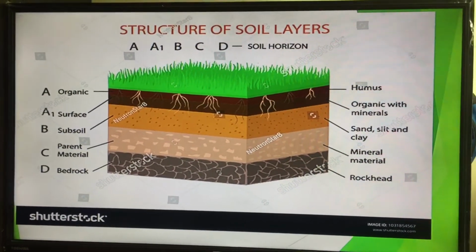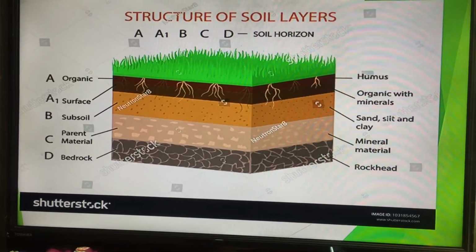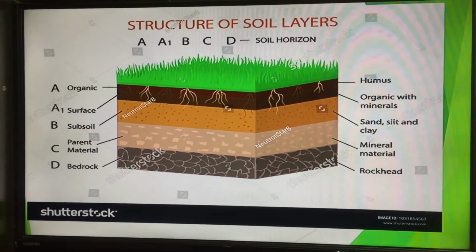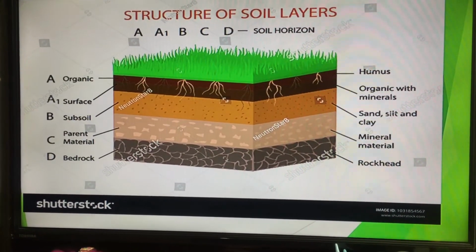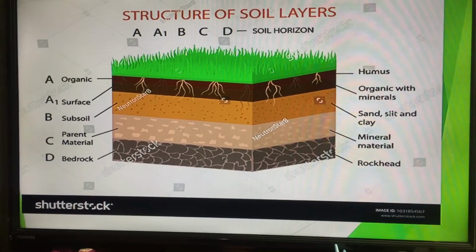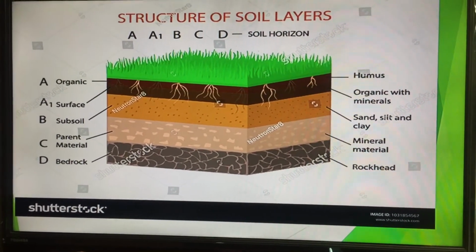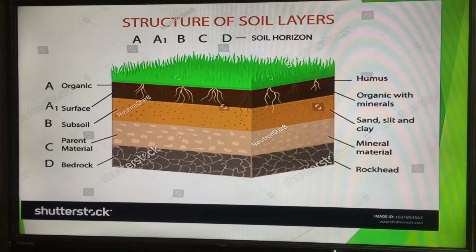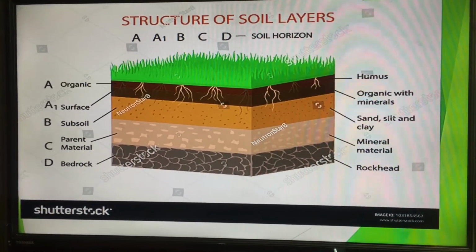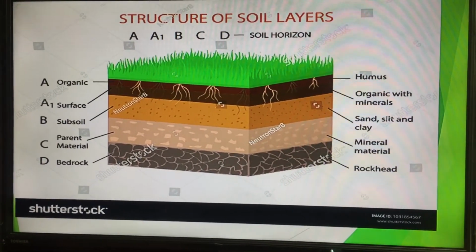But if it is very compact, the water cannot go inside, so it is not advisable to plant on that kind of soil. So you have to know that the structure of soil is very important, to make sure your plants will grow healthy. Okay, that's it.